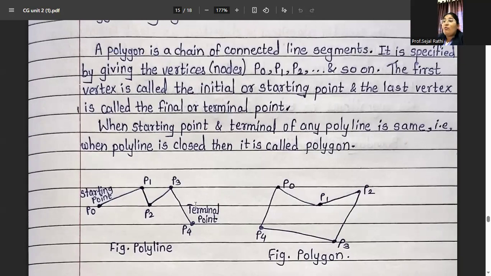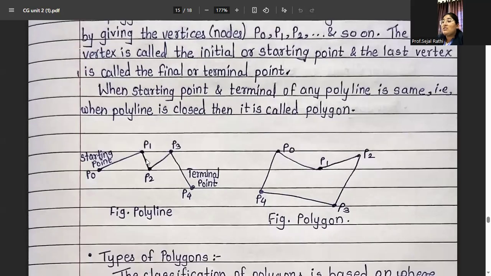When the starting point and the terminal point of a polygon are the same or meet each other, then the polygon is closed, and it is called a polygon.